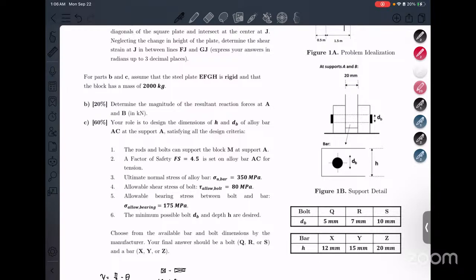Now, we are moving on to the bulk of the problem, which is yung designing dimensions. Essentially lang naman dito, we want to find the smallest possible items that still hold, still meet the requirement set. So what are the requirements? Dito may factor of safety, my normal stress, my shear stress, and then my allowable bearing stress.